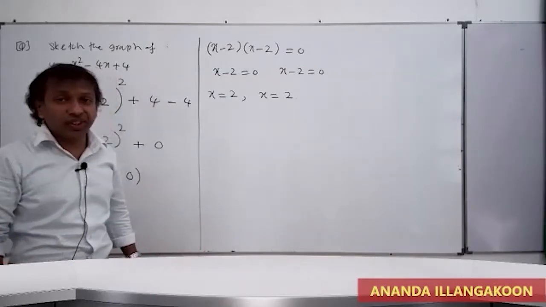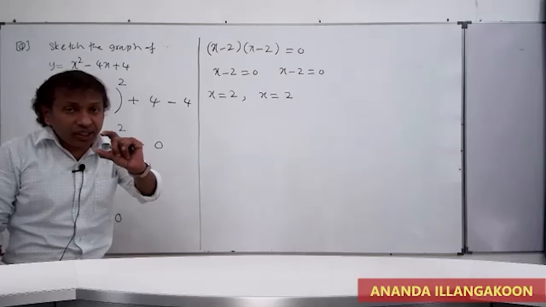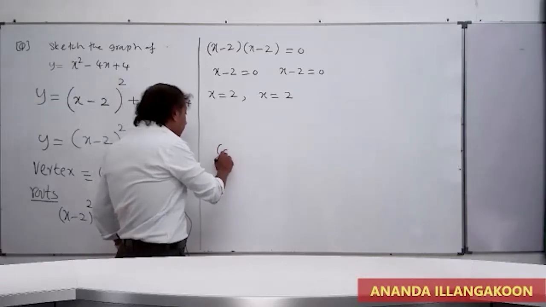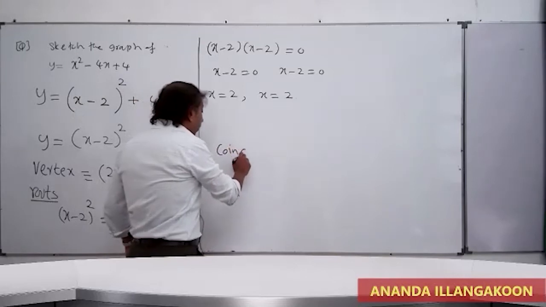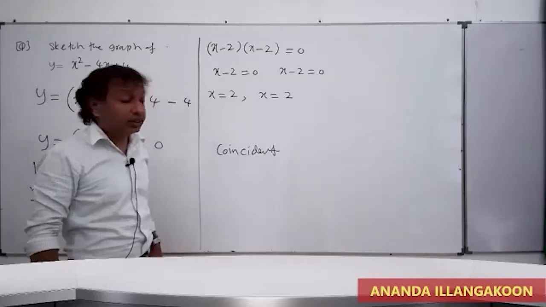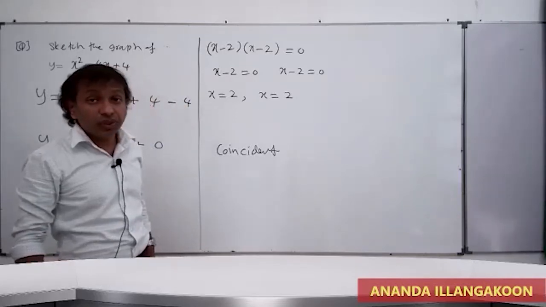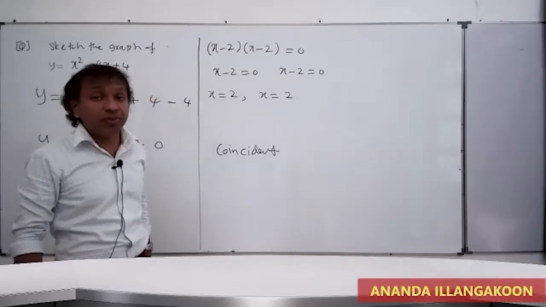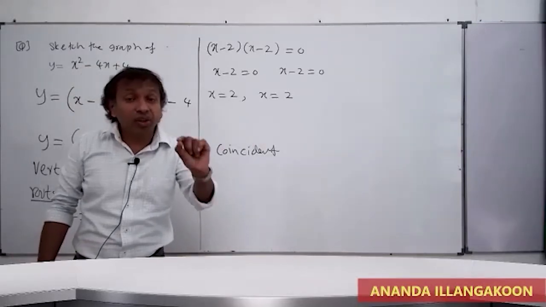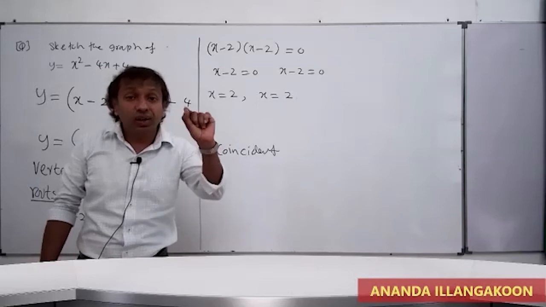People, for the word equal, we use what? Coincident roots. Then the second type is, people, roots are real and equal. That is known as coincident real roots.